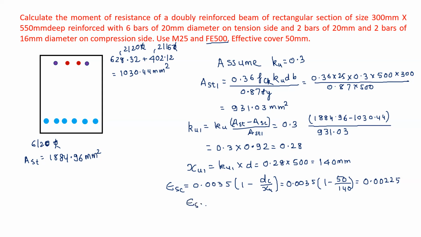So we can consider this value for the first trial, 0.00226. Against this we have the value 391.3 Newton per mm square. And then we can find the value of Xu2 now.